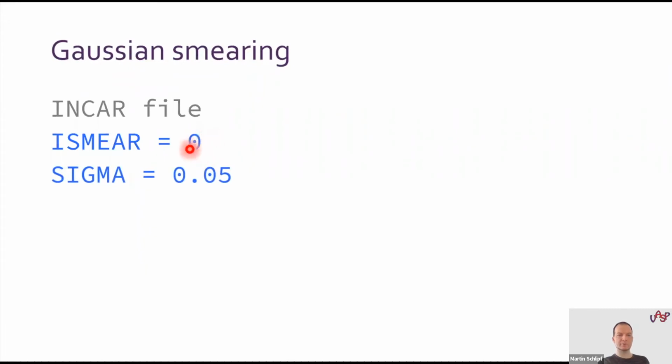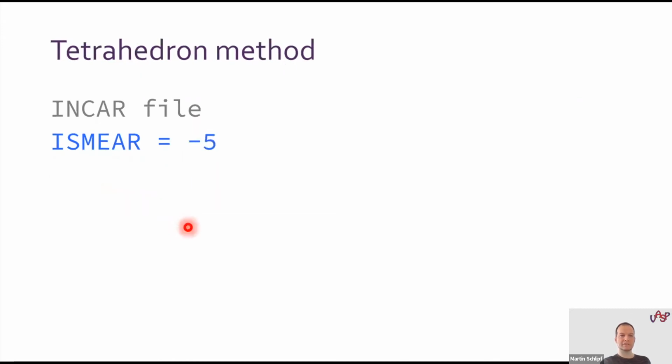This would correspond to Gaussian smearing. But recall that for Gaussian smearing, you need to also change the smearing width, and this is controlled with the SIGMA parameter. Finally, the tetrahedron method is selected by setting the smearing to -5. And this you can do for example for density of states or insulators.